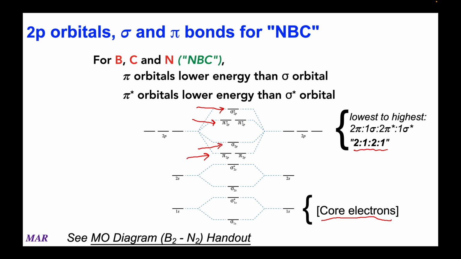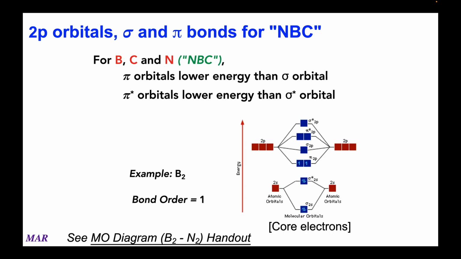If you write for molecular orbitals core or core electrons, that represents the 1s interactions, and I'll show you some examples of that here in a little bit. This is for NBC, but there's also oxygen, fluorine, and neon. So those 3 have a different thing, and I'll show you that example in a little bit.